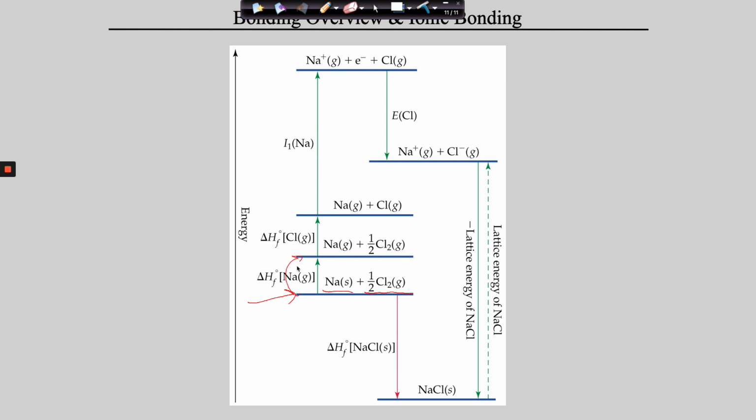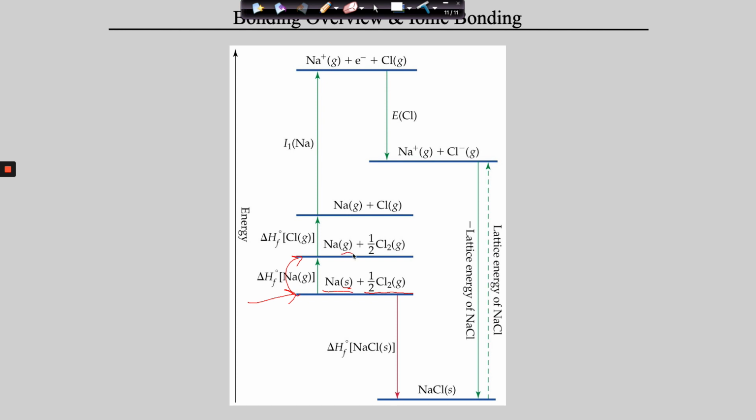What does step number 1 represent? What's happening to the sodium? It's boiling. Guys, imagine trying to boil sodium. So, guys, this first step is sodium from a solid into sodium as a gas.